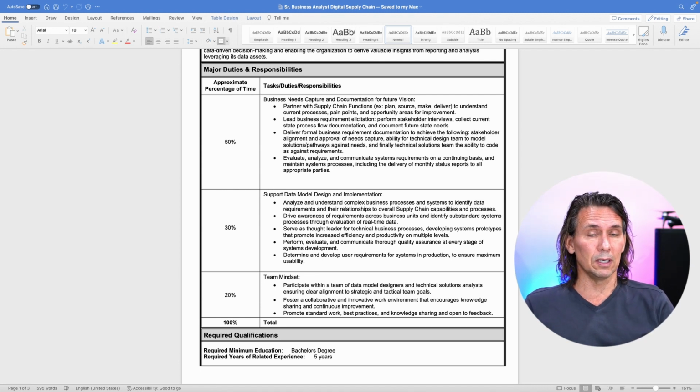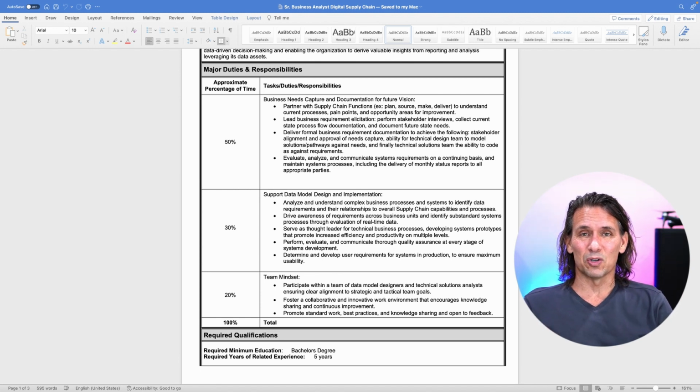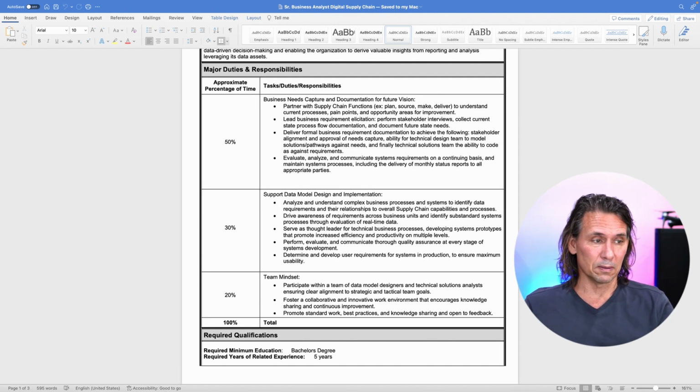You don't need to push the team around. You should be able to do some problem solving, say smart things, and sort of herd the cats and drive out requirements from the business or to the business. And yeah, that about covers that.